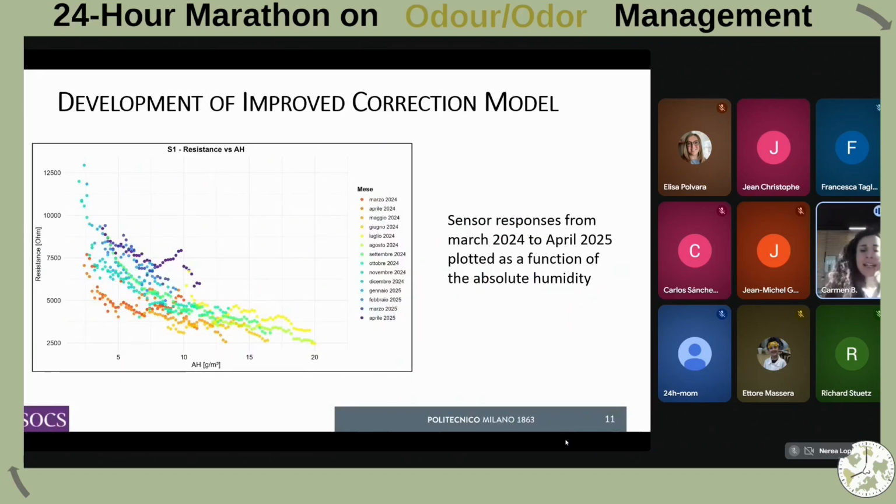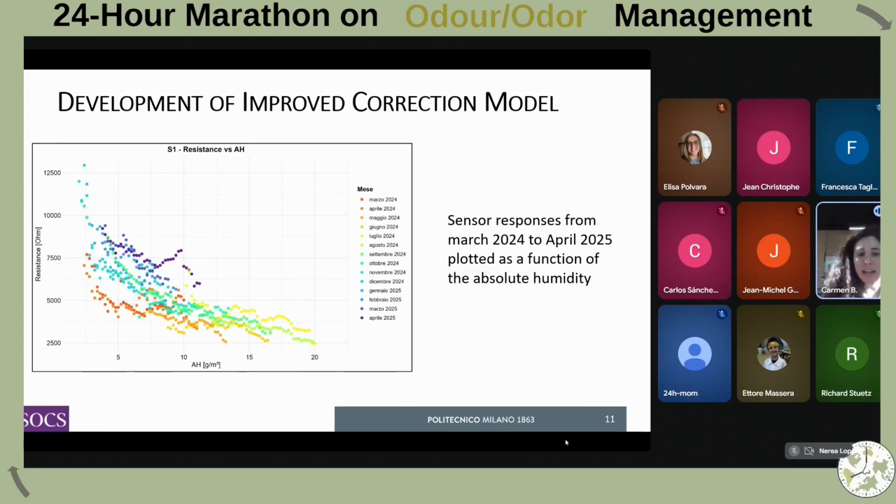In these slides, I report a plot showing how the response of one sensor of the array that we are using is affected by changes in the moisture content of the sample. Specifically, on the y-axis we report the resistance of the metal oxide semiconductor sensor versus the absolute humidity of the air that the sensor was analyzing.